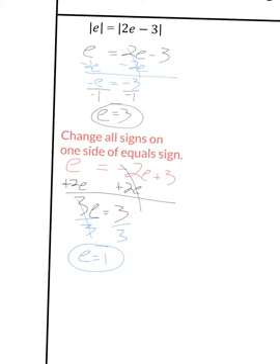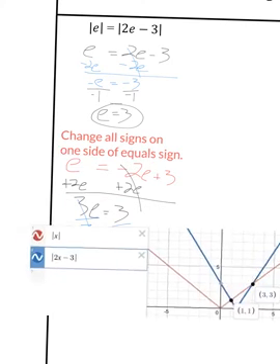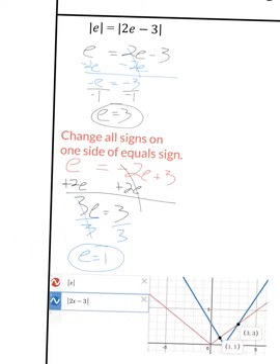With each and every problem I do, I always encourage you to look at the graph. When you graph these, you graph the left-hand side of the equation on one line and the right-hand side on another line. So this was absolute value of e, I graphed it as absolute value of x, and then I changed this to say 2x minus 3.